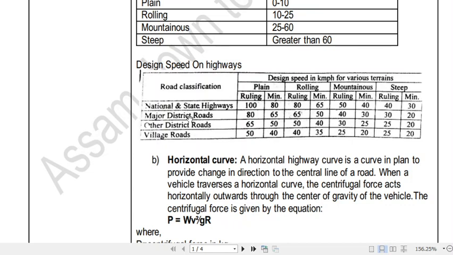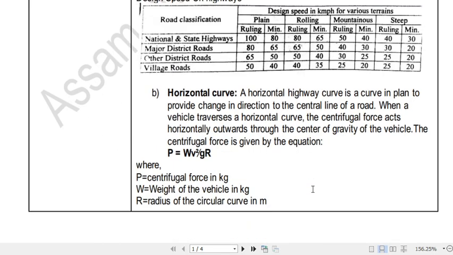Our next topic is the horizontal curve. A horizontal curve is a curve in a plane to provide change in direction to the central line of the road. When a vehicle traverses a horizontal curve, the centrifugal force acts horizontally outwards through the center of gravity of the vehicle.